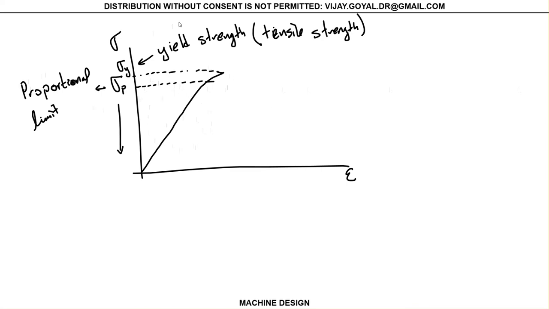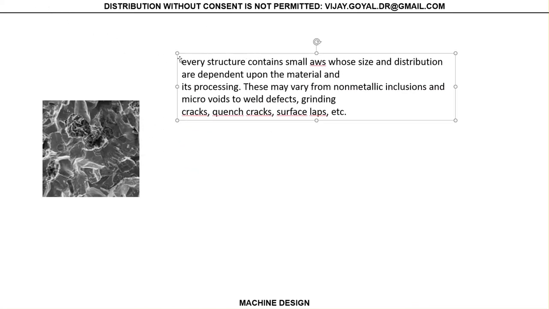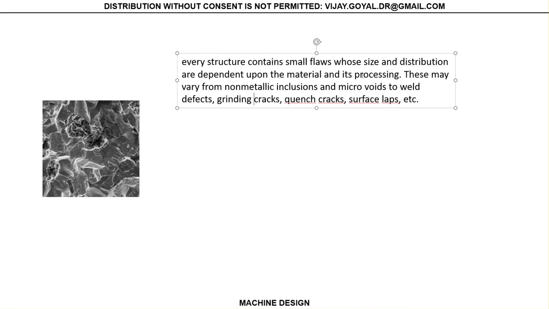Let's start with some definitions. If you want, you can pause your video and take notes on these definitions. But basically, every structure is under this basic assumption: every structure has some sort of crack, some sort of flaw.